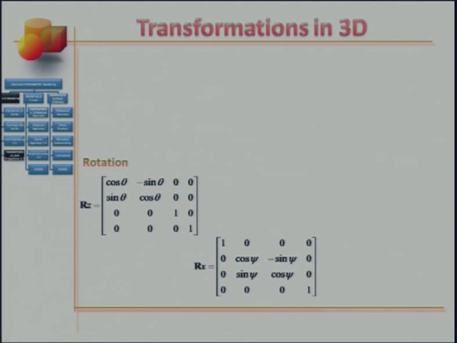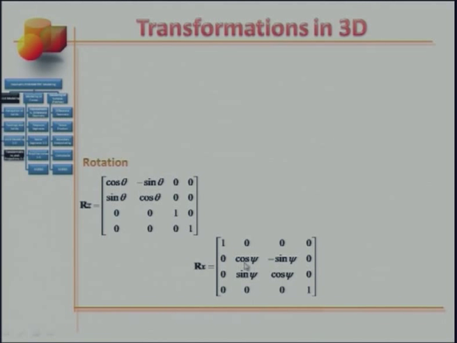Let's try this for a case where I'm trying to rotate an object about the x-axis. As we did here, we will have an entry 1 corresponding to the x row, that is the first row, and the x column, that is the first column. And then I'll start writing the cosine terms and sine terms, maintaining the cyclic order of the x, y, and z coordinates.